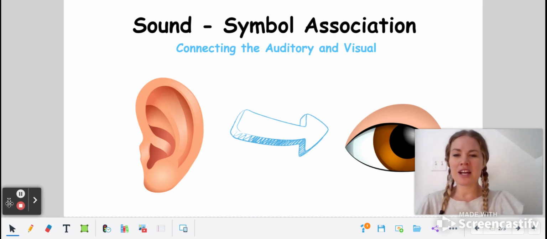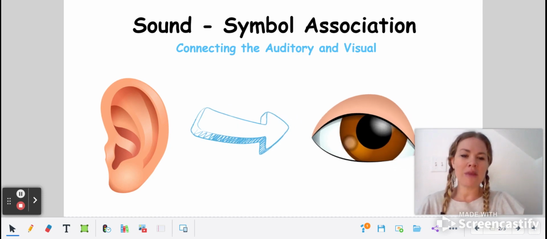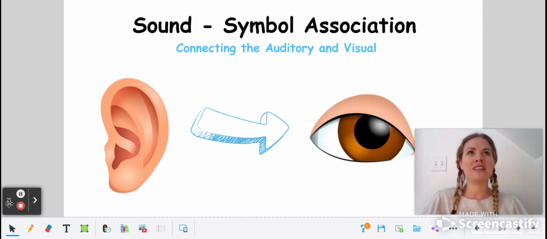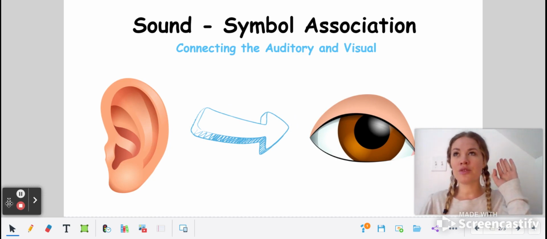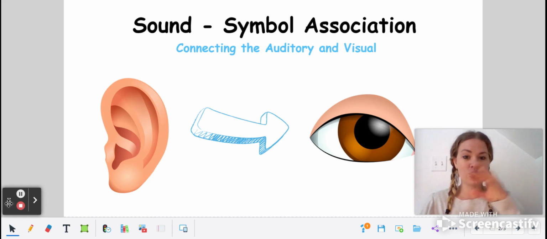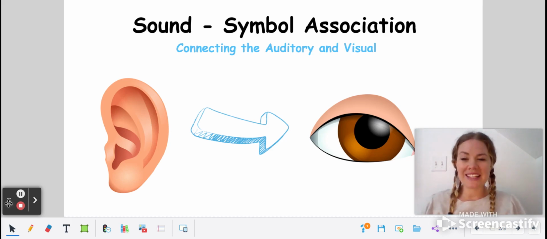So the first one I want to talk about is going from auditory to visual. Going from auditory to visual simply means that we are hearing something, and then we're trying to think of a symbol that we can make visual. We can show someone a symbol that makes that sound. So let's think about that. When you're little and your teacher gave you a spelling test, right?